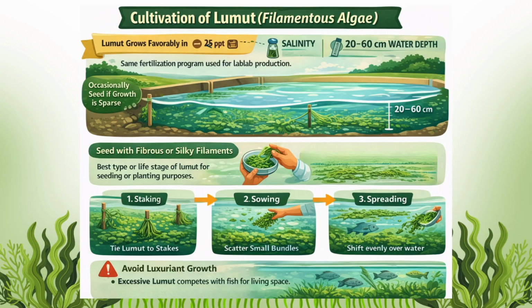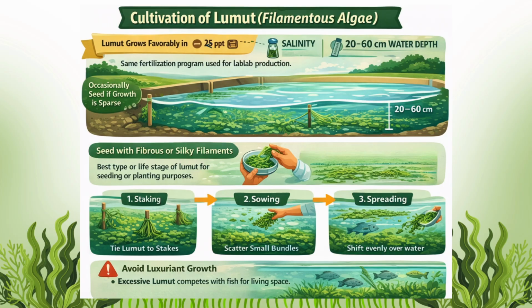Then cultivation of lumot or the filamentous algae. They grow favorably in lower salinities, less than 25 parts per thousand, and a water depth of 20 to 60 centimeters. In growing, the same fertilization program used for lablab production is applied. Lumot occurs naturally, but seeding may be resorted to when growth is sparse.